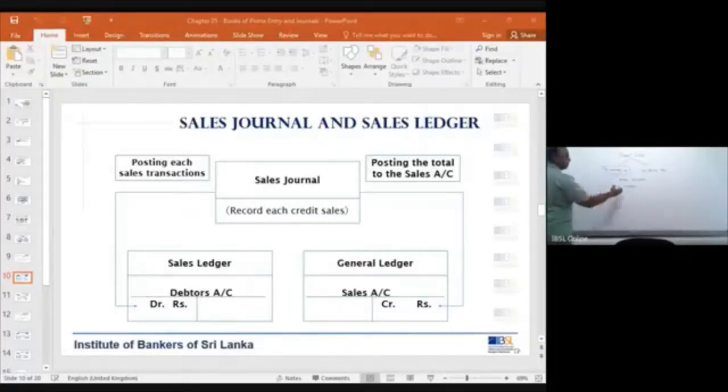Let's say Mr. A, Mr. B or ABC company, all those will be the individual debtors, the total of which is reported in the debtors account. So in the case of a credit sale, this is what ultimately happens. The control account of debtors means it is the total of individual accounts.